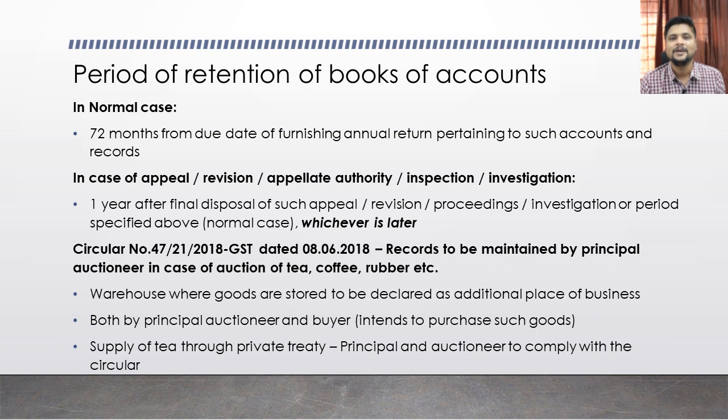It means that the appellate authority passes an order. From that date, for 1 year, the documents relating to the transactions under appeal as well as the documents relating to the appeal have to be maintained, from the date of the order. It can be an appeal order, a revisionary order, an appellate authority order, or any report from an inspection or investigation, whatever the scenario may be.